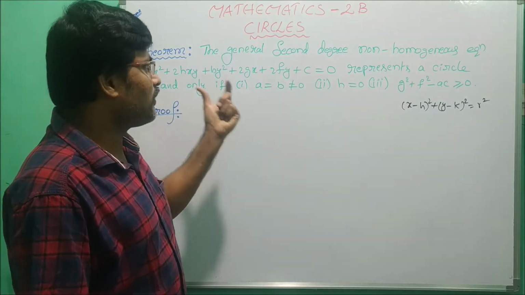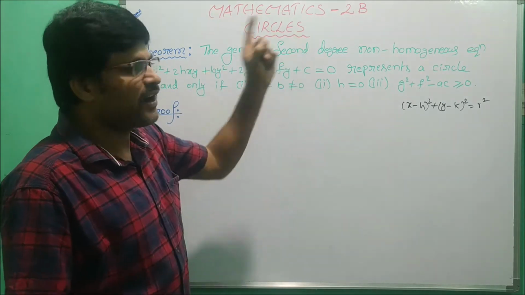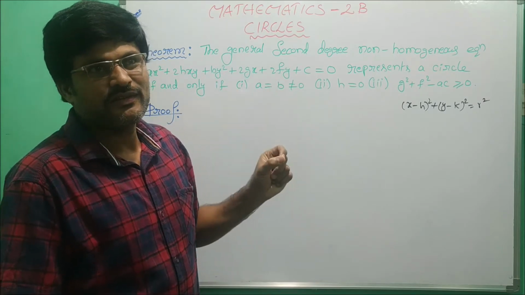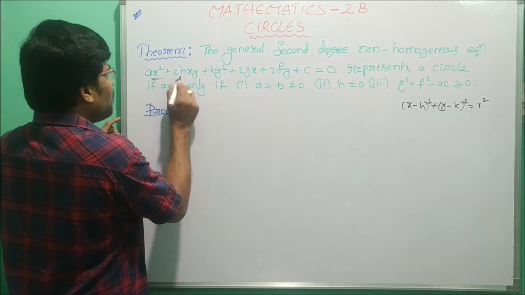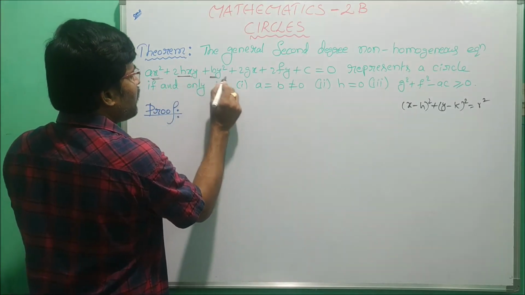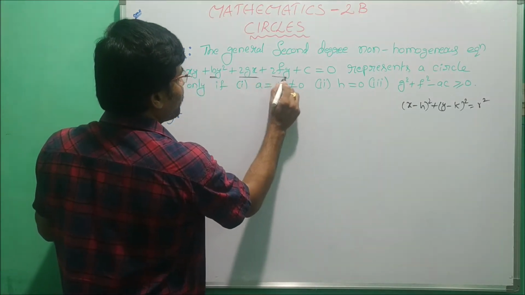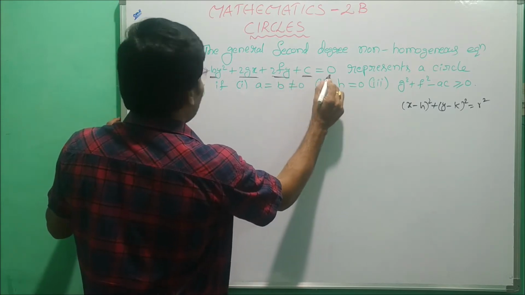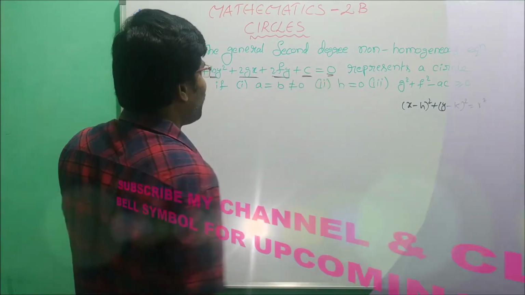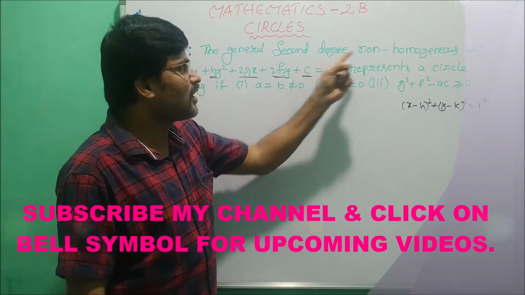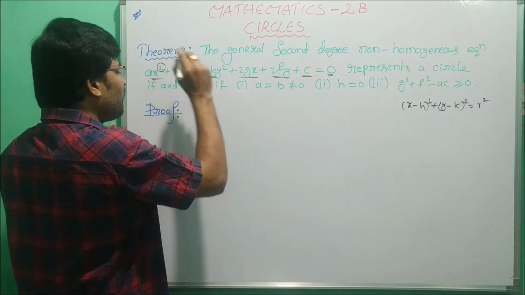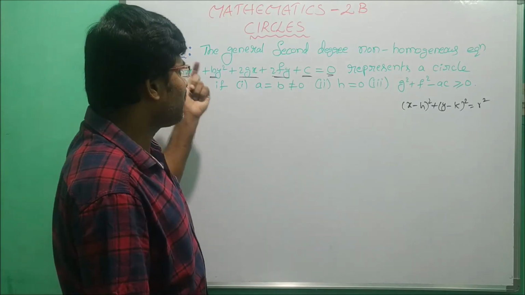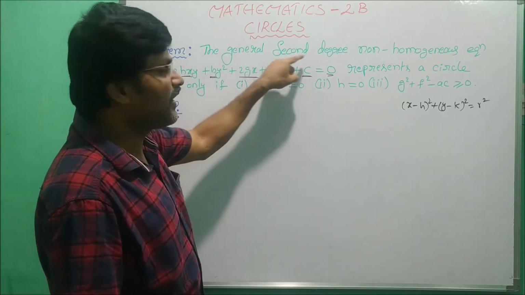Here we take one general second degree non-homogeneous equation, generally denoted by ax square plus 2hxy plus by square plus 2gx plus 2fy plus c equals to 0. This is called a second degree non-homogeneous equation because the exponent here is 2, therefore the equation has second degree.